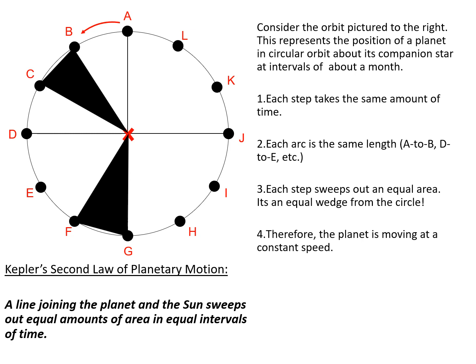Now, a circular orbit is just fine, there's nothing violating any of Kepler's laws to have a circular orbit. A circle is just an ellipse with the 2 foci at the center. In a circular orbit, since the areas are identical and the distances traveled in each of these 1-month intervals is also the same, this means that the planet is moving at a constant speed throughout a circular orbit.